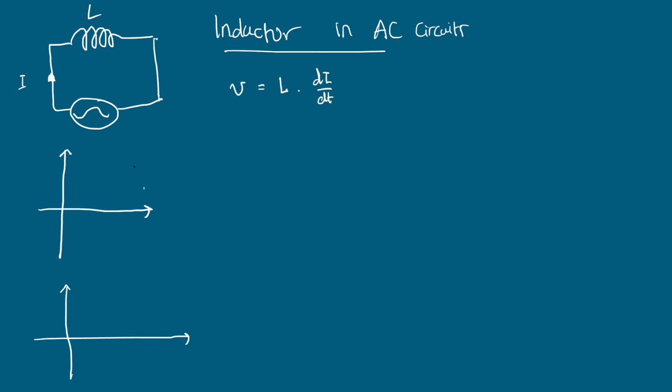L itself is the inductance of an inductor, right? And as we know previously, I is equal to I max cosine omega t, and we can just input it into the formula. So we have L times d of I max cosine omega t divided by dt.